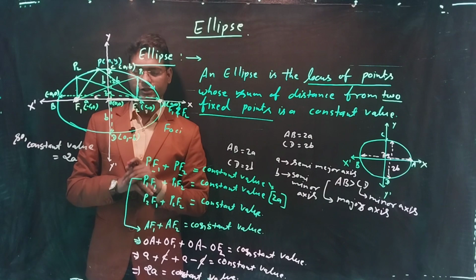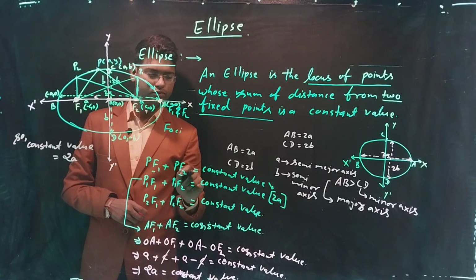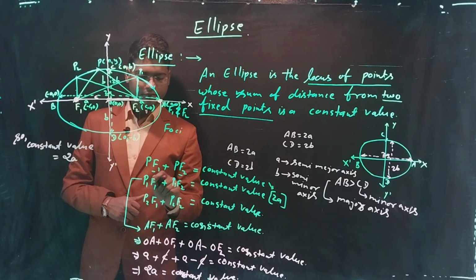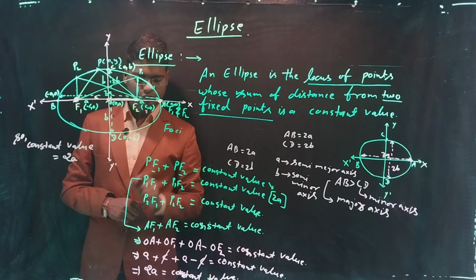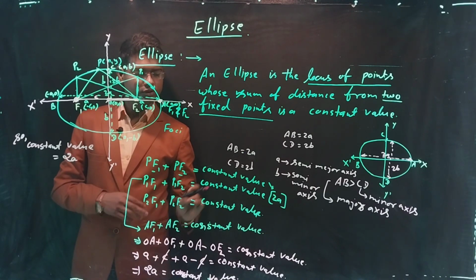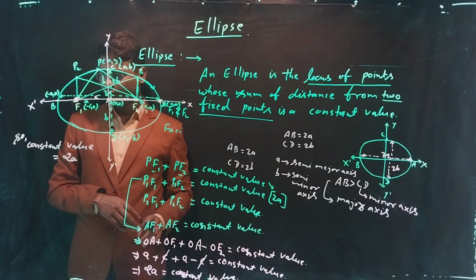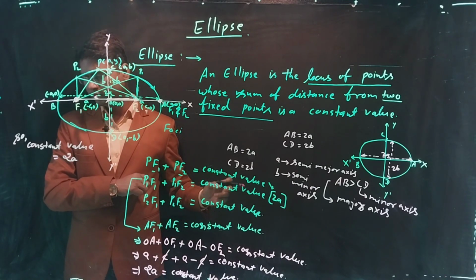Students, it means that PF1 plus PF2 is equal to 2A, P1F1 plus P1F2 is equal to 2A, or P2F1 plus P2F2 is equal to 2A. Both are equal and both are equal to 2A.